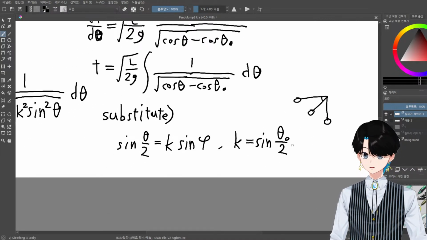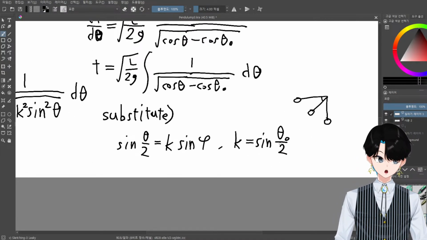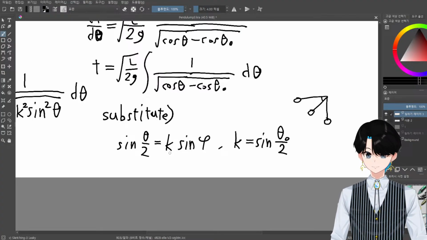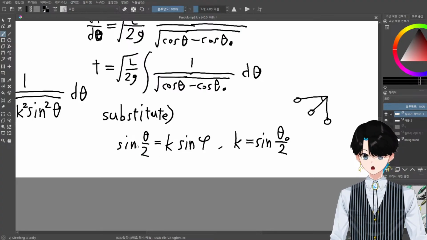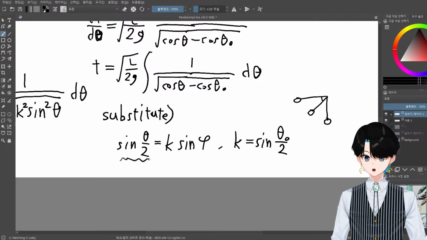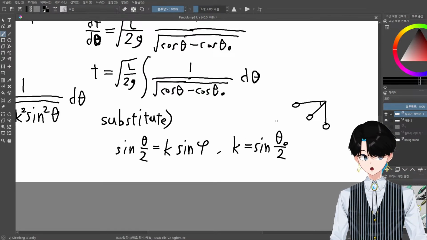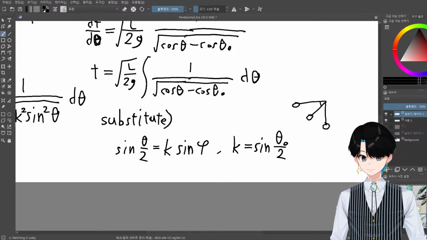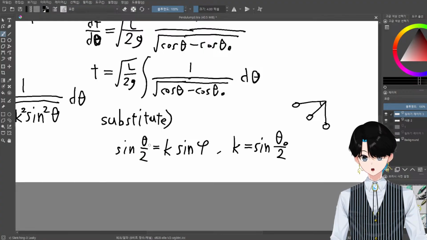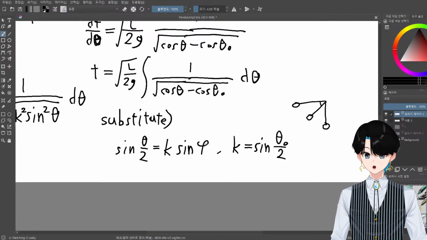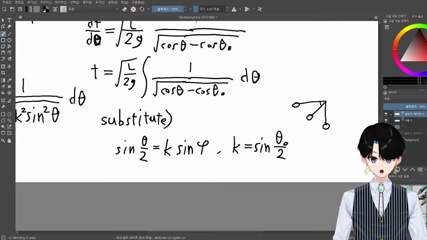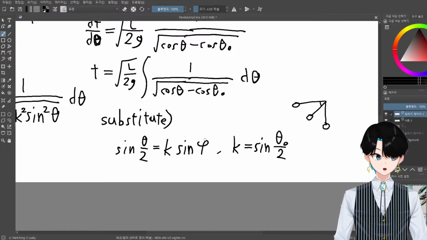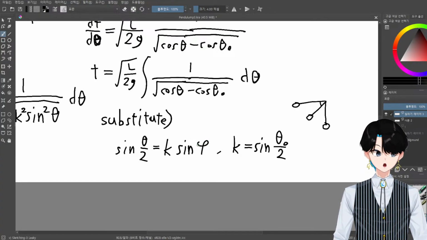So it varies, but k can be seen as a constant. Theta is a function of t, so the theta value depends on t, and phi is a function, the phase angle, which also depends on t.